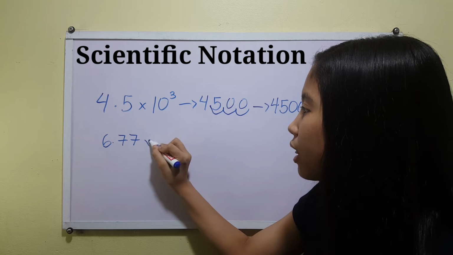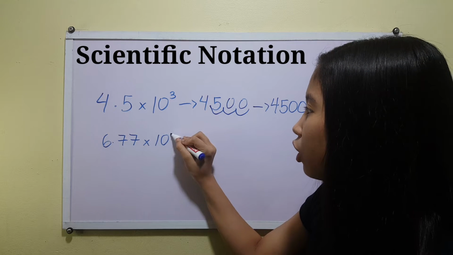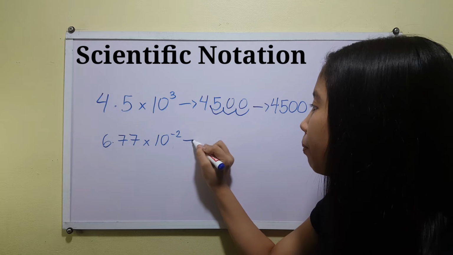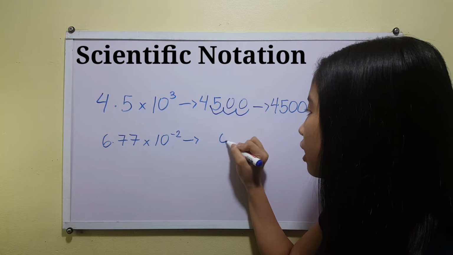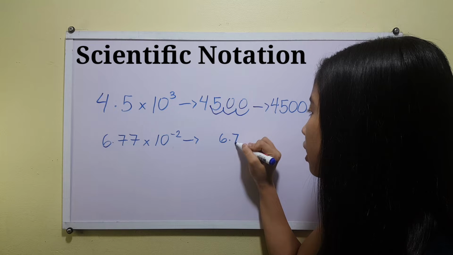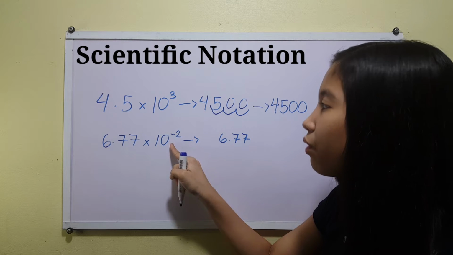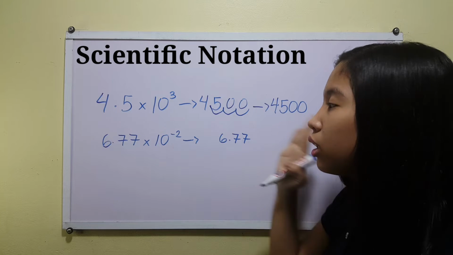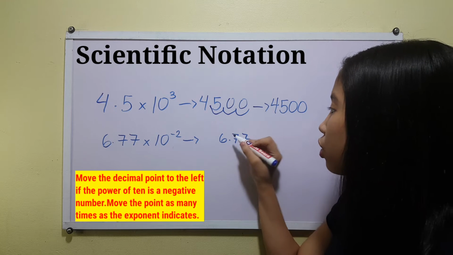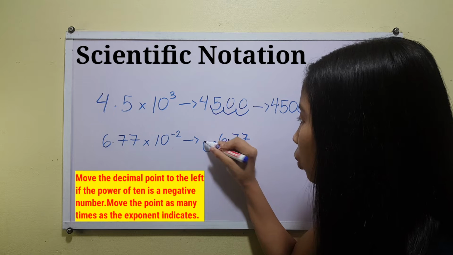And if we have 6.77 times 10 to the power of negative 2, what do we get? So we have 6.77. And since our exponent is negative, we are going to move the decimal point to the left. So 1, 2.